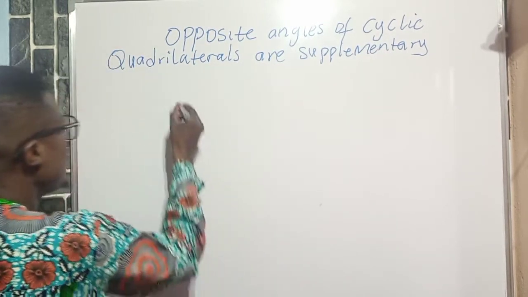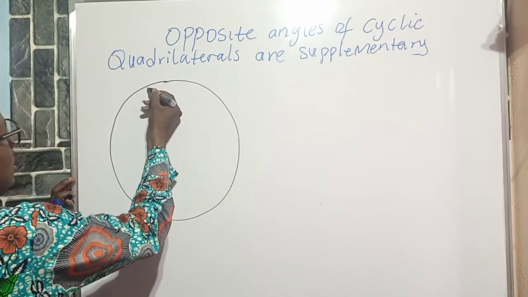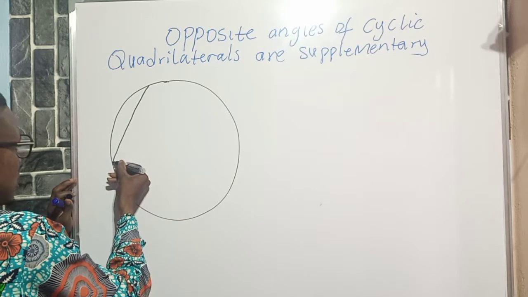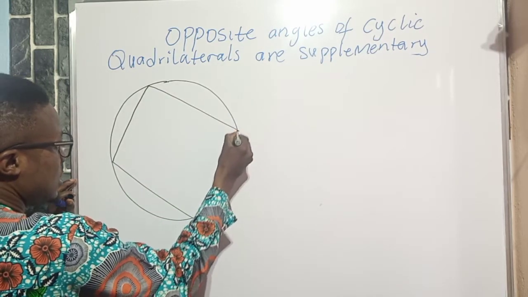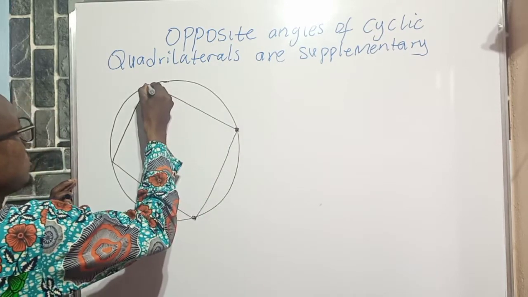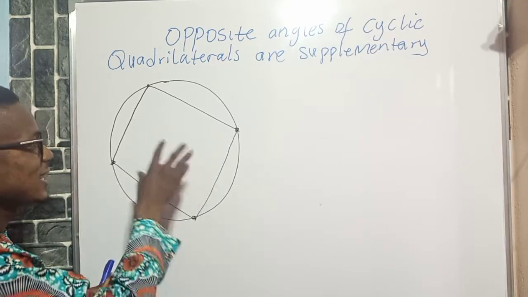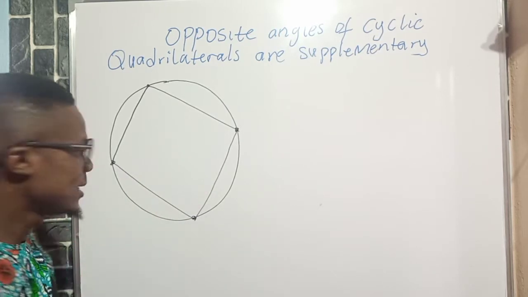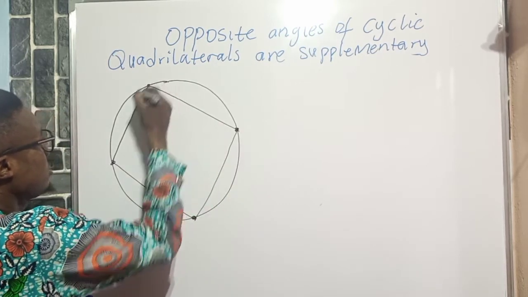Now, supposing you have a circle like this and a quadrilateral inside this circle. One thing you need to notice here is that for you to say that a quadrilateral inside a circle is cyclic, all the vertices of the quadrilateral must be touching the circumference of the circle.